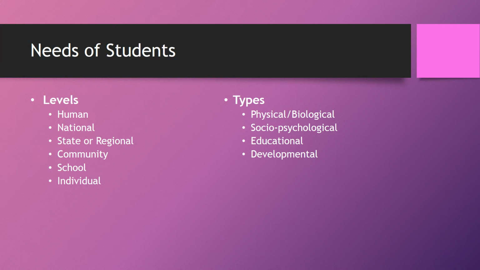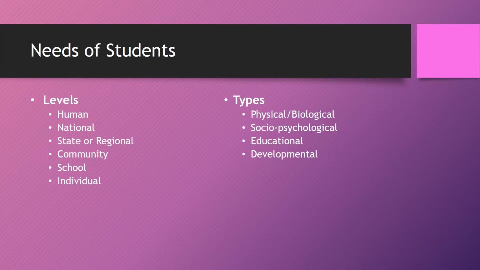And then, of course, we have the individual needs of the student, and that needs to be looked at in the particular schools. So are we addressing the needs of the average student, the gifted, the challenged, maybe students that have health problems such as those with diabetes or those that might need occupational therapy?